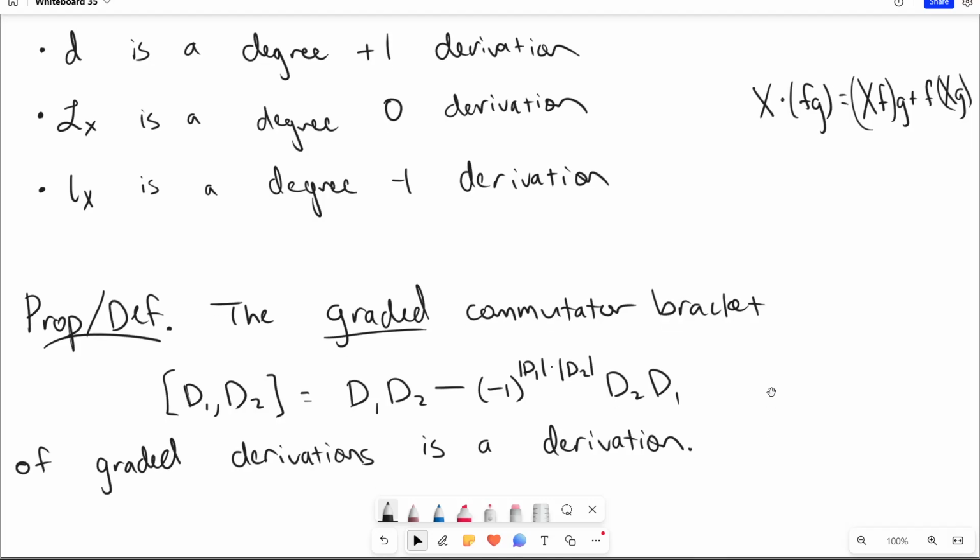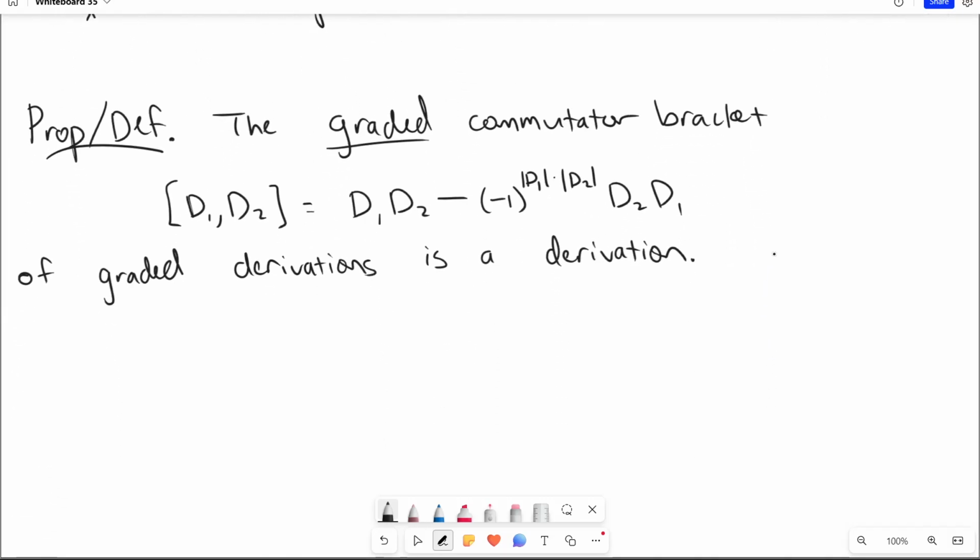Now, what we see on the right-hand side, so let me write it this way. If we try taking the commutator bracket of the derivation d and i_X, what do we get? We do d i_X minus (-1) to the degree of d. So d takes p forms and makes p plus 1 forms. So this is degree 1.